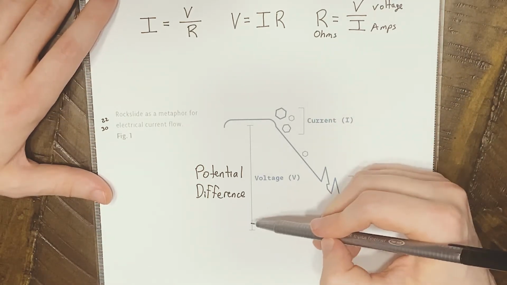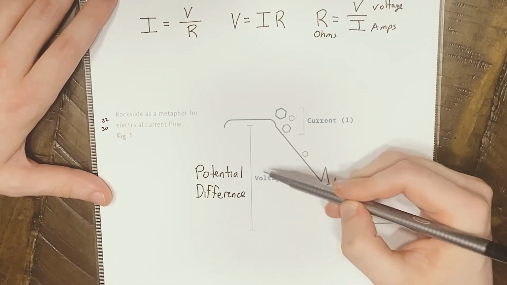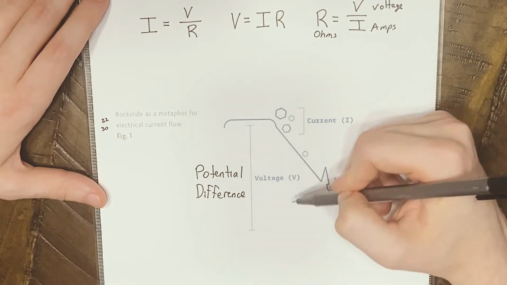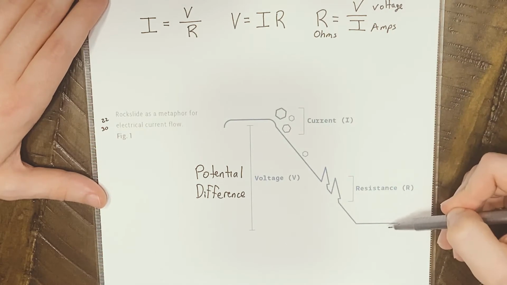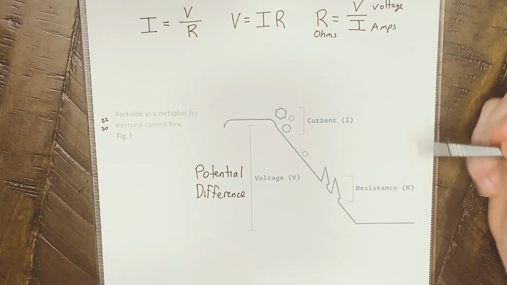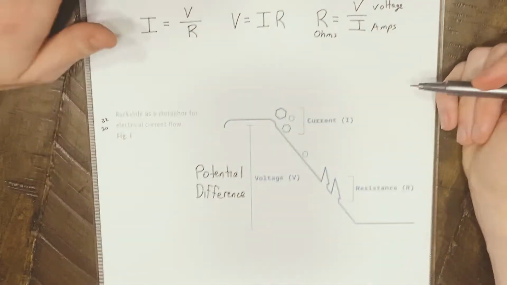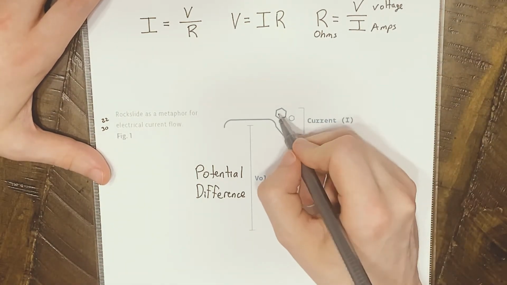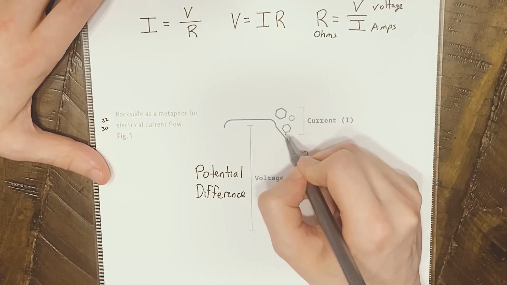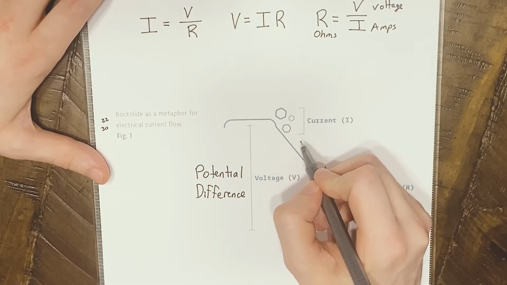So you have some type of potential difference between 2 points in a circuit, and because of this potential difference, you get a flow occurring. What's flowing exactly? Well, let's talk about that. So in a rock slide, it's not a rock slide without rocks, right? So we have rocks here represented by these shapes here, and that is your current.